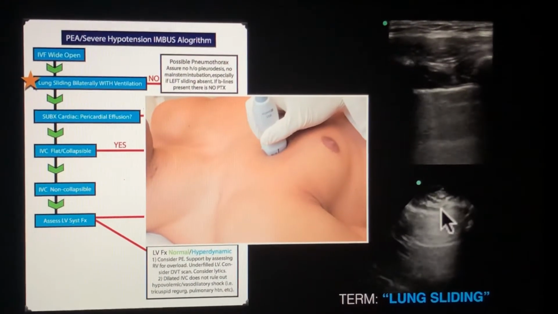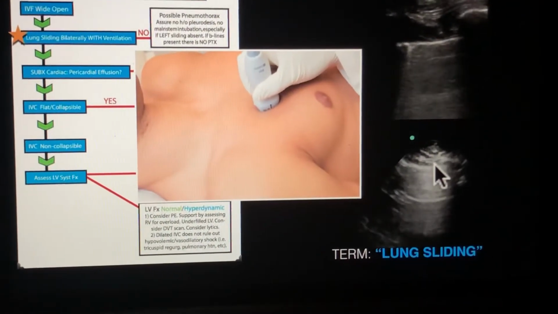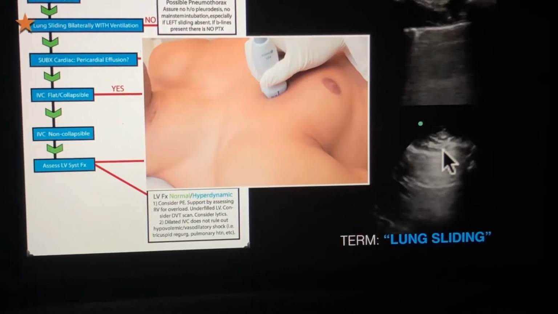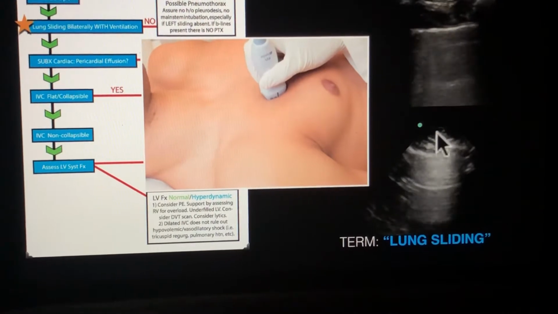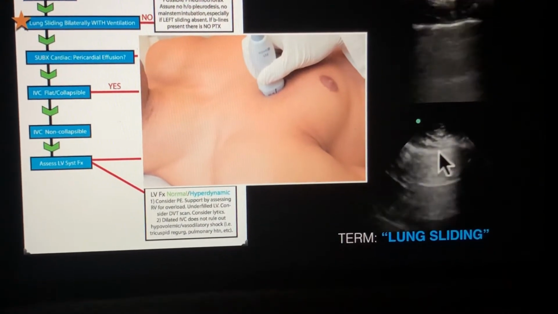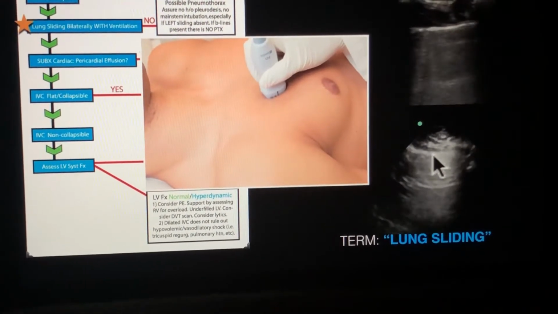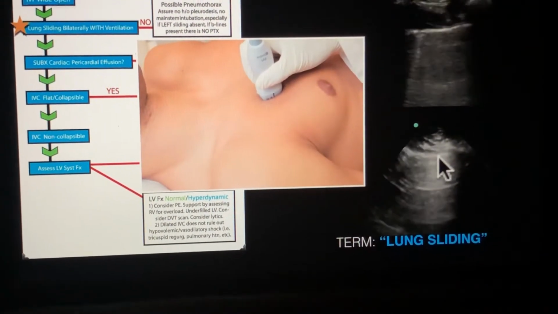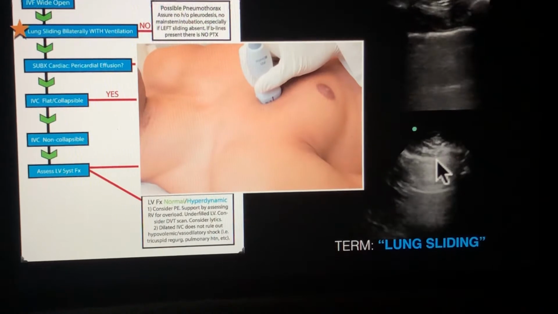Down below, you'll see the same patient just with a different type of ultrasound probe. This is a phased array probe or a cardiac probe, a little lower frequency. And this is the chest wall from here to here. And then this bright white line is lung sliding. These are the pleural surfaces going back and forth. You can see the movement there that exists in lung sliding.